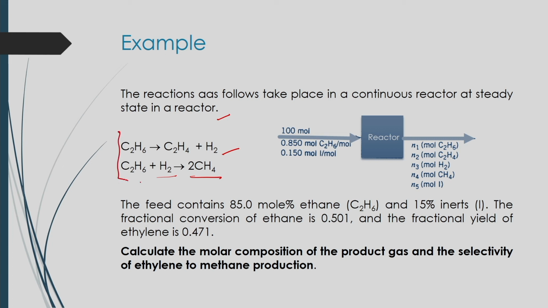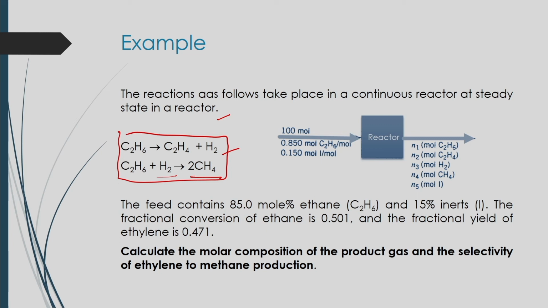So, based on these multiple reactions, how to calculate the molar composition of the product gas and the selectivity of ethylene to methane production, we can obtain by the concept of extent of reaction.